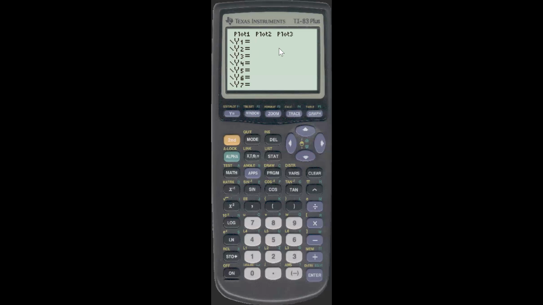All right. Do you have anything written in here? Well, I wrote down the previous problems. If you have something in Y1, hit the clear button to edit it and delete it. Yep, I did that.